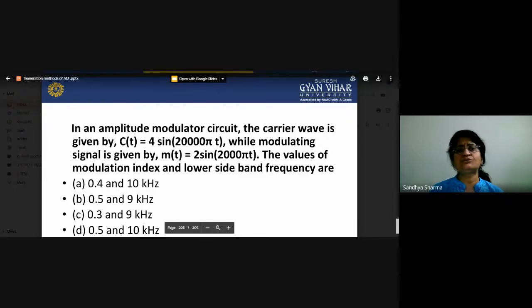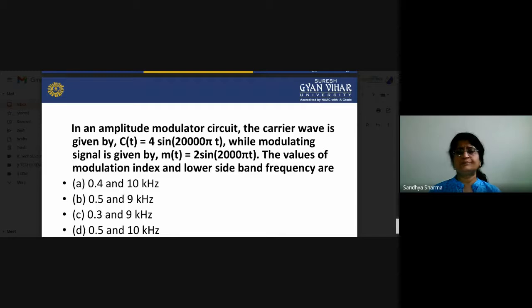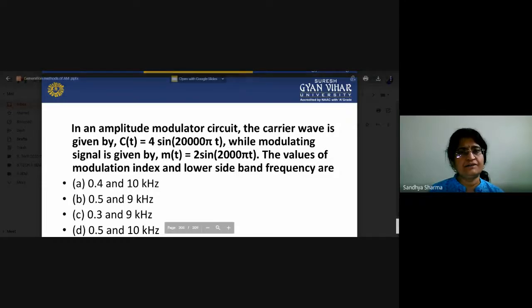So if you are given any type of numericals on the amplitude modulator, we can calculate all the values step by step. Okay, thank you.